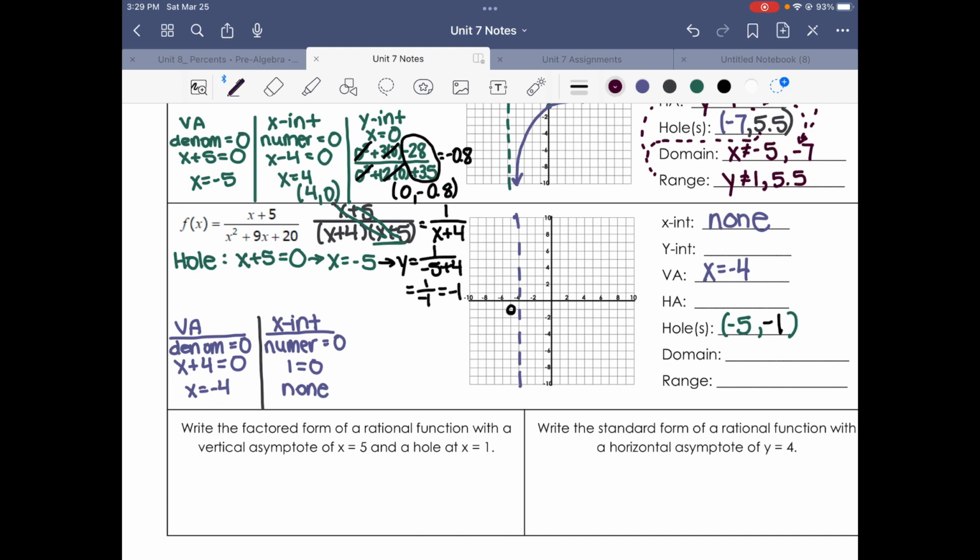And then for my y-intercept, that's when you plug in 0 for x into the original equation, or you can plug it into the new one on this one. Since there aren't factors, it's not too bad.